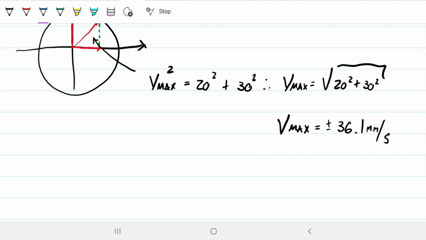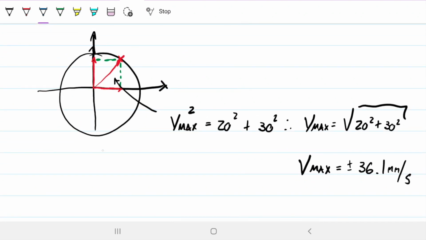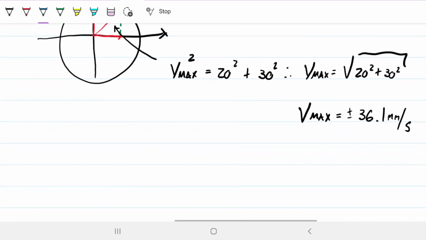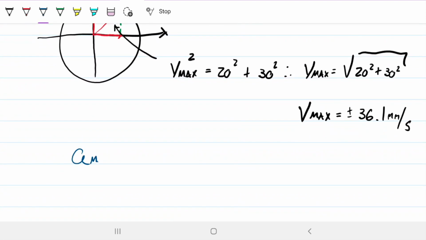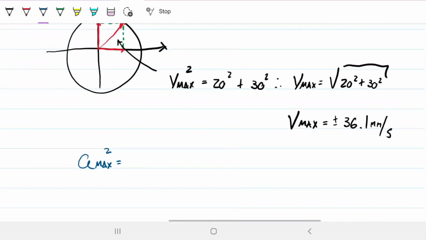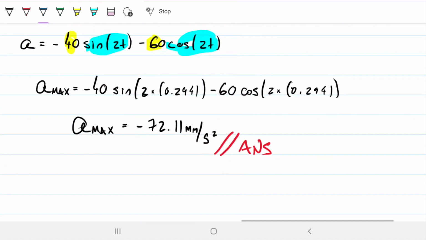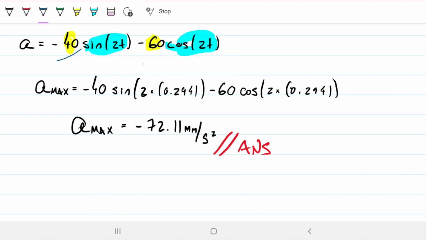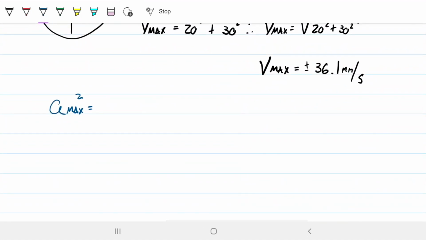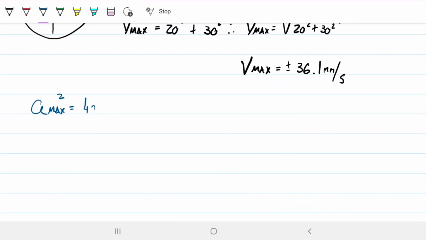And the acceleration, same thing, right? The same situation I just drew here applies for the acceleration as well. So the maximum acceleration squared has to be equal to whatever is amplified, the sine and cosine on the 40 and 60. So it has to be equal to 40 squared plus 60 squared.